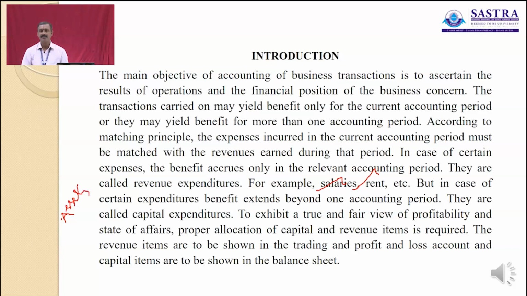And the items in which the amount is invested and will be operated, and from that operation any kind of income is received or expenditure is made, will be less than one accounting period, meaning revenue items.